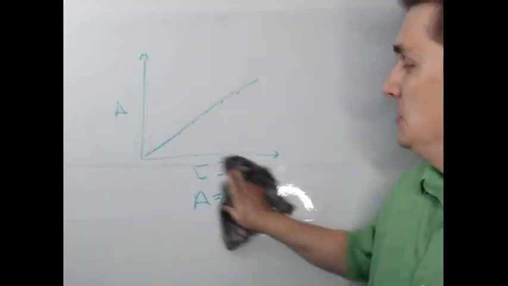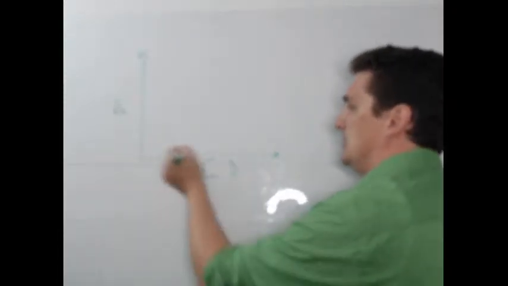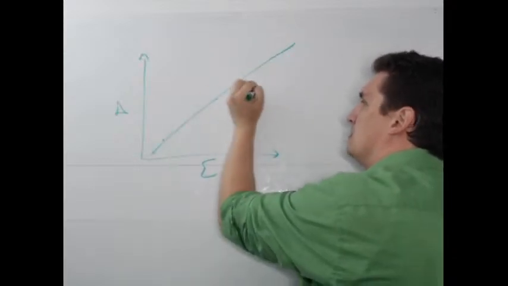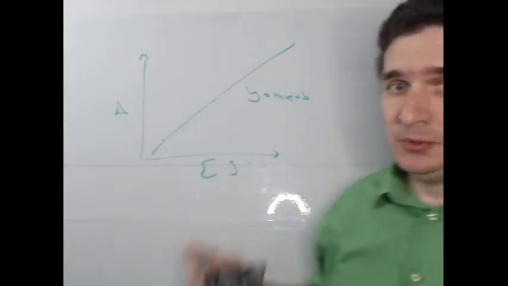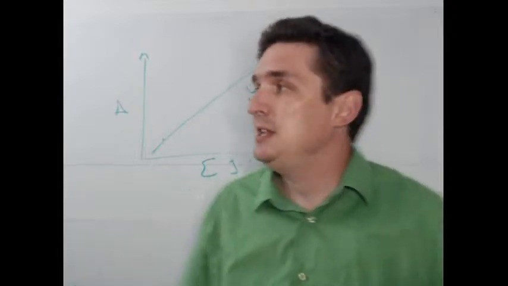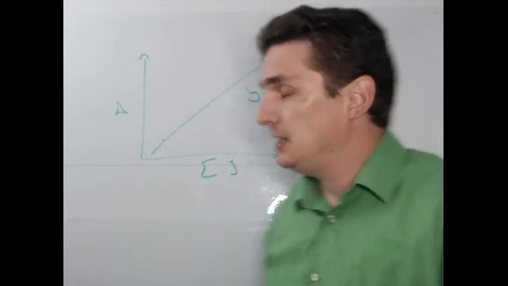The engineer would not bother with that. What the engineer would do is plot the data and say it looks straight, so I'm going to draw a straight line. I'm going to get y equals mx plus b. There's no proof, there's no reason to believe that this is a straight line, but for the engineer, within the concentrations in question, it looks linear, and the only thing they really need is a number.